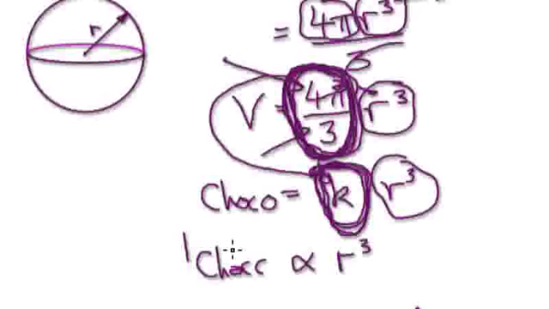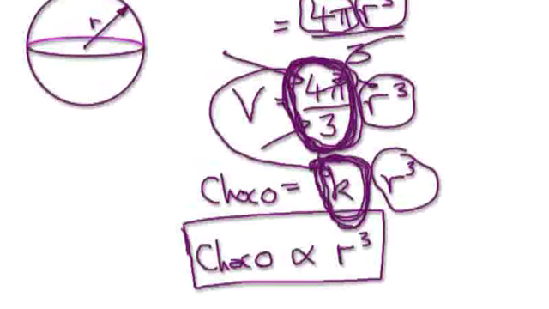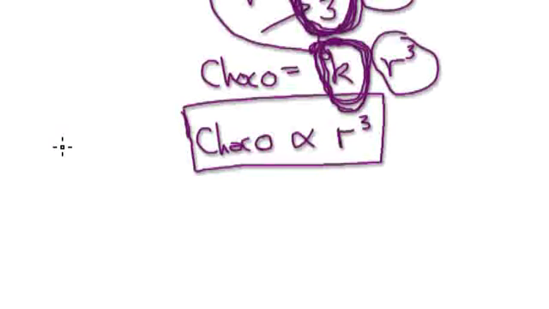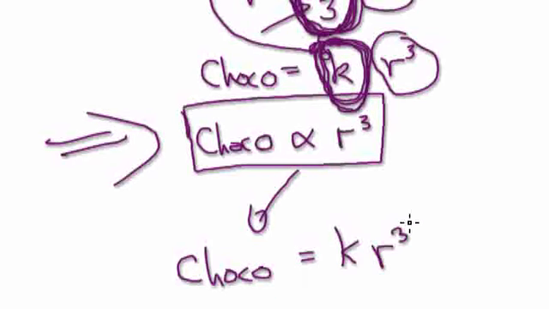Okay, so you can actually make this statement here: the amount of chocolate needed is proportional to the cube of the radius. Because the minute I make this statement here, you could inside your mind immediately jump to chocolate needed equals a constant times r to the power 3.